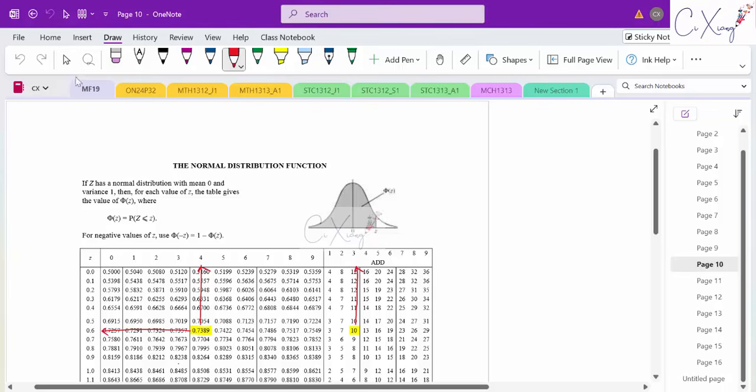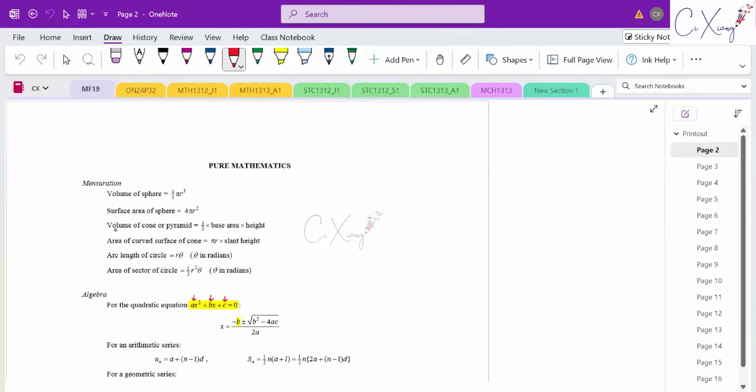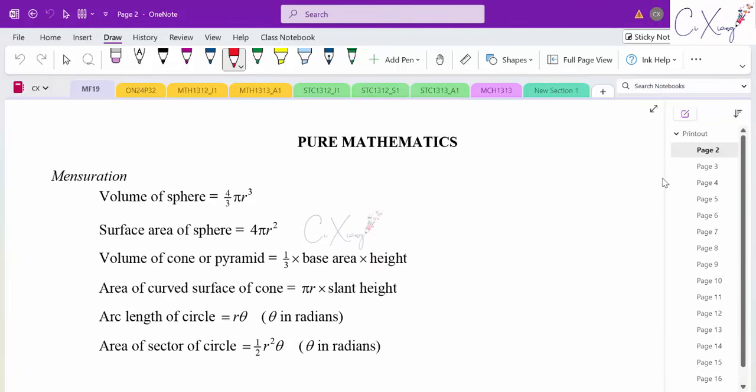Okay, but if I'm not mistaken, in our formula booklet, actually they did provide us with some of the formulas here. Oh, this here actually. Yeah. So these are a few measurements. Okay, these are a few formulas that are provided in the formula booklet. But for the rest, right, if you can, try to go through it again before you go into the exam hall. Alright, so this is a small suggestion, right?